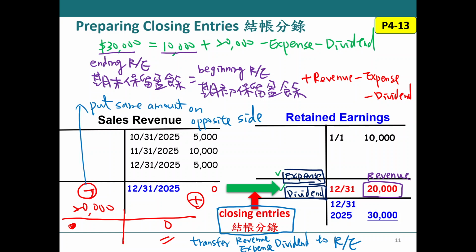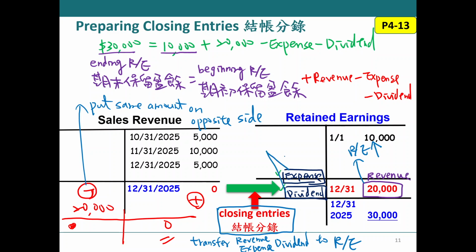Then, what's the next? You know, revenues make your retained earnings increase. Expenses, dividends make your retained earnings decrease, right? So the second one is what? Your retained earnings increase the same amount as revenues.